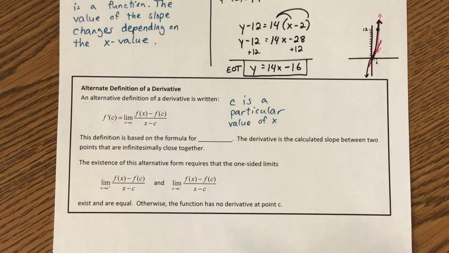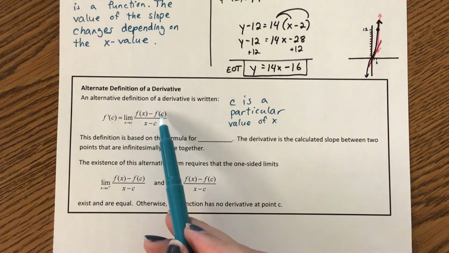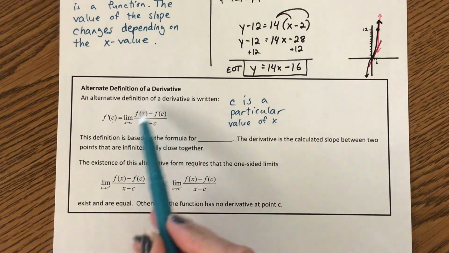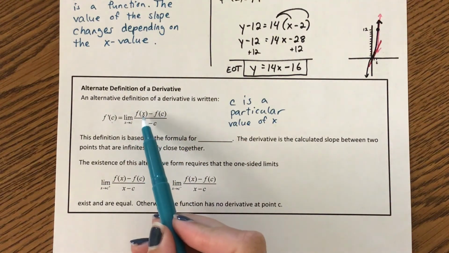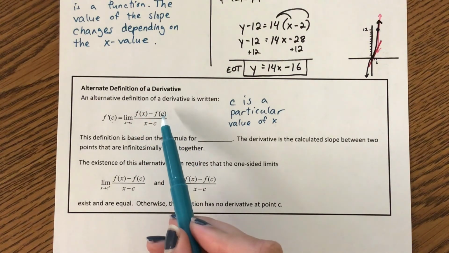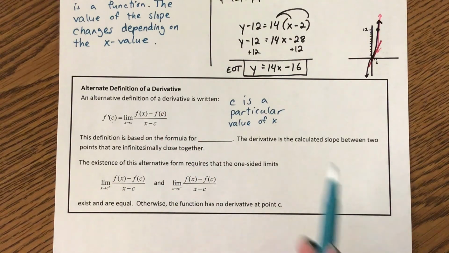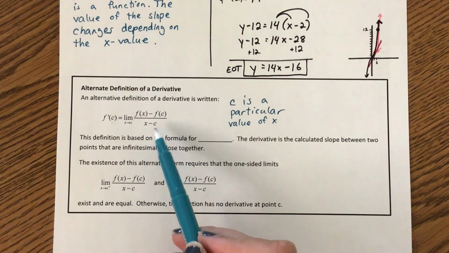So if you were doing f prime of 2, like we did in the previous problem, this would be X approaches 2, this would be a 2, and this would be a 2. So you would still have to do your limit work, plug in f of x, which would be the function itself. f of c would be the y value when x is c, which would be 12 from the previous problem. And then on the bottom it would be x minus 2.